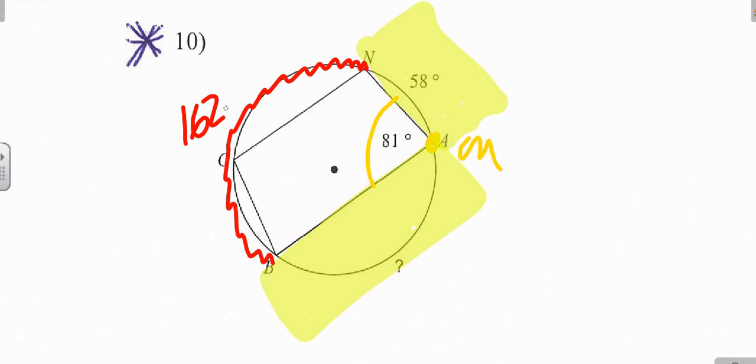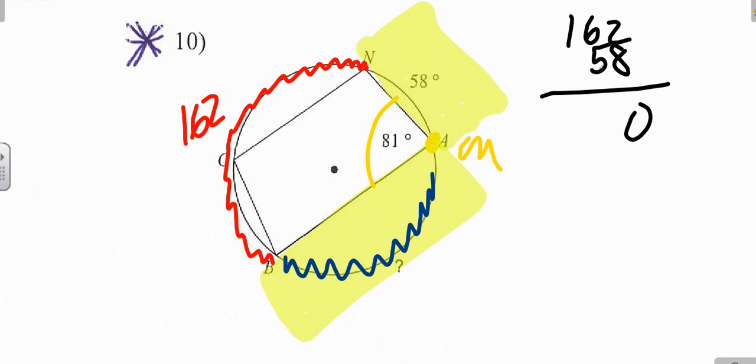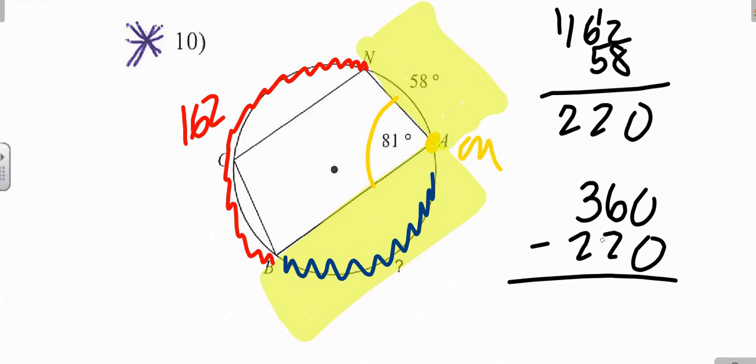And then you ask yourself, what else can you find? Well, you only have one more arc left right here, the blue, so I'm going to do 58 and 162. And we get this mystery arc to be 140.